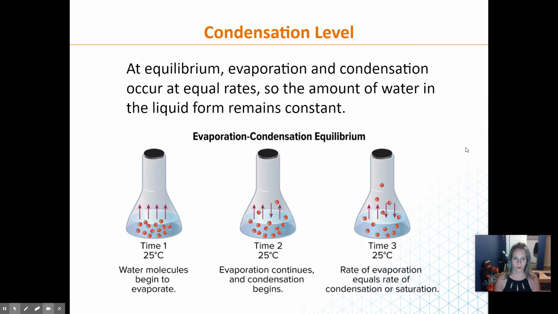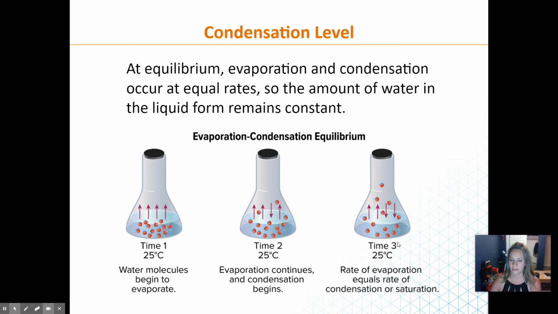All right, so here we can look at these evaporation and condensation rates. Here we're looking at flask 1, at 25 degrees Celsius, and it says water begins to evaporate. Then this is time 2, 25 degrees, evaporation continues and condensation begins.